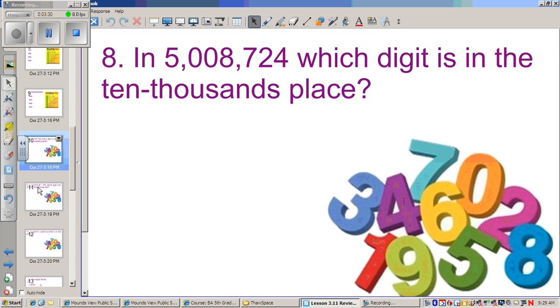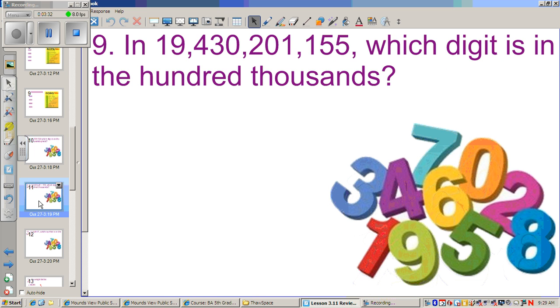Those THs mixed up. Number 9, in the number 19,430,201,155. Oh, I am totally massacring this number.